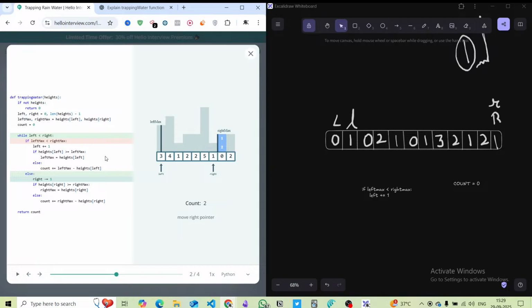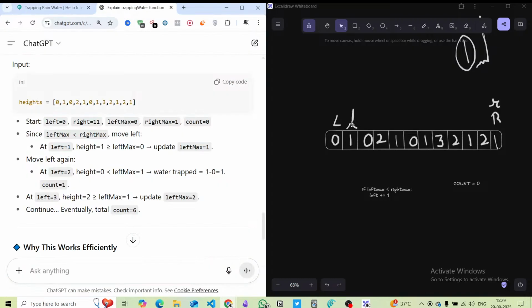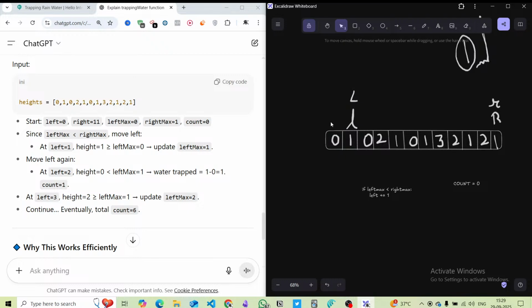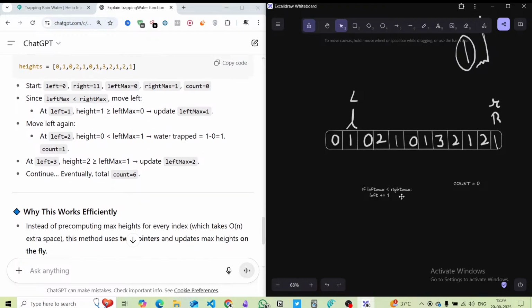And then the next condition is if the height of left is greater than left max. We just move the left one. If it's greater than the left max, we just move the left max to the left and then update the left max. So now the left max is 1, right?